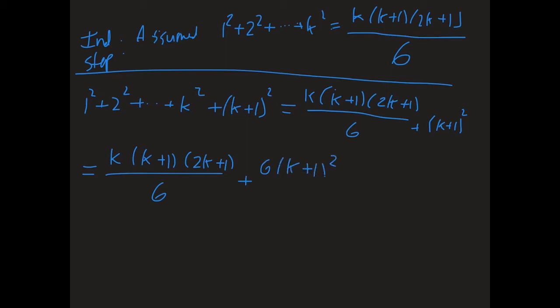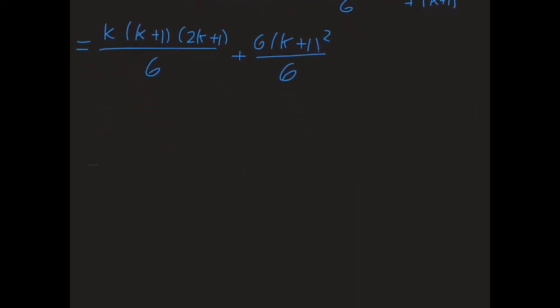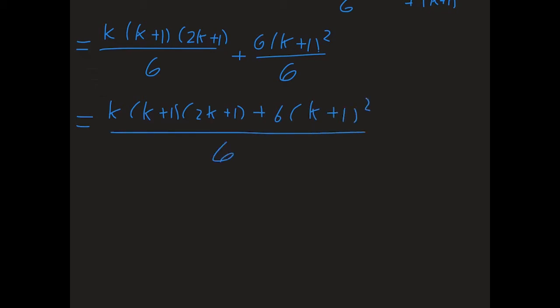Okay, well, what do we do with that? This is going to be equal to k times k plus 1, 2k plus 1 plus 6 times k plus 1 squared all over 6.